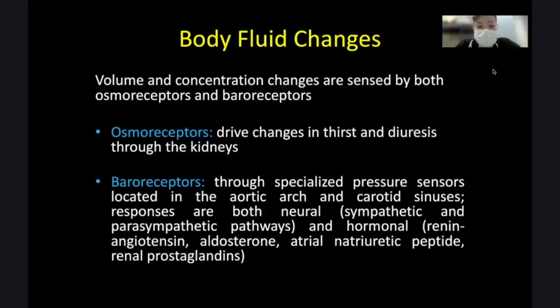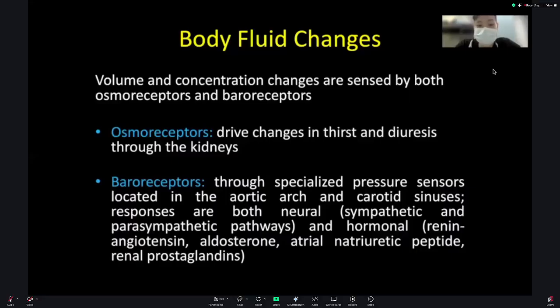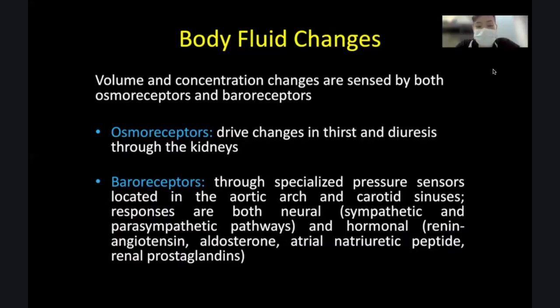These are sensed by your osmoreceptors and baroreceptors. Osmoreceptors drive changes in thirst and diuresis through the kidneys. By the word osmo, it detects changes in the concentration of solutes.